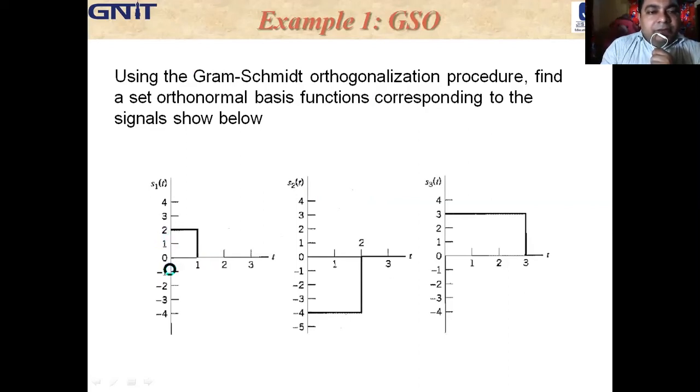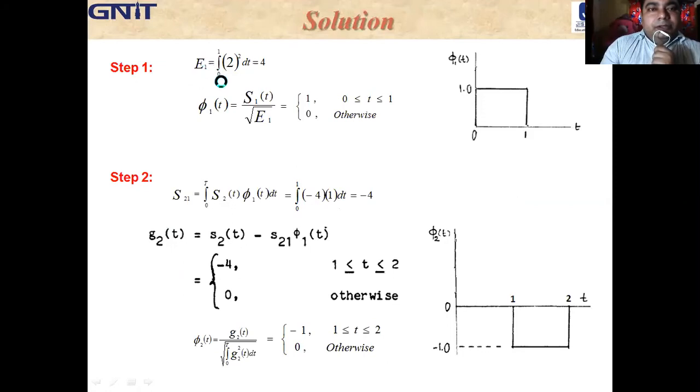So the integration of 0 to 1 of 2 squared dt is 4. So the first basis function phi 1(t) is s1(t) by the square root of E1, for t in 0 to 1.